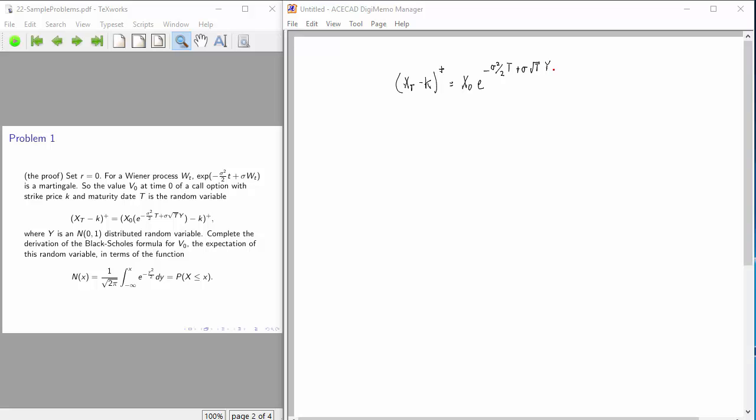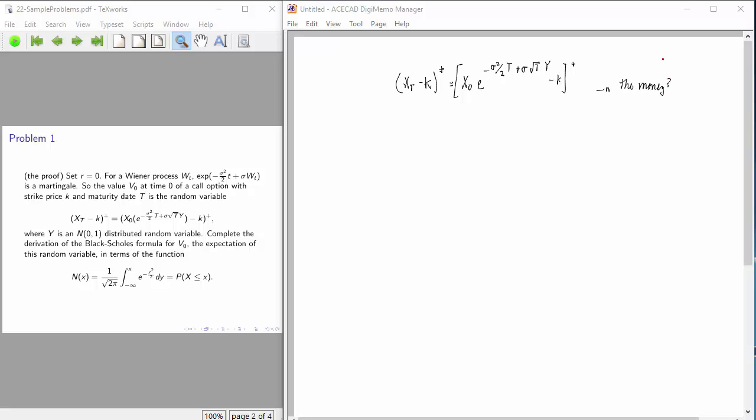And what I have to do is to subtract k from that, and then, this is the tricky part, integrate only where we're in the money. So our first question is, when is the option in the money?